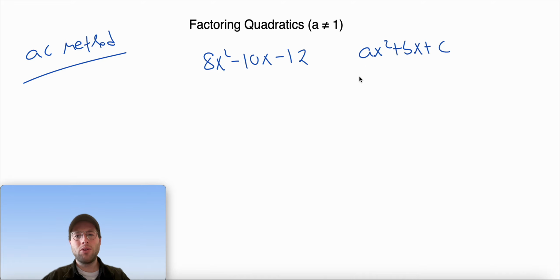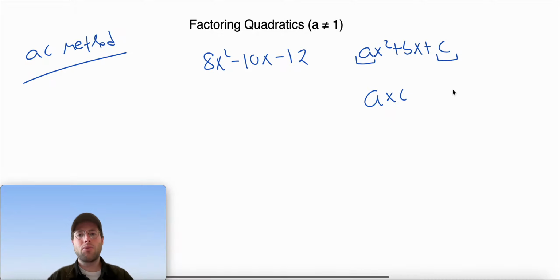What we're going to be doing is looking at the coefficient a and this last term c, multiplying them together and getting some product, and then we're going to try and find two numbers that when we multiply them together we get that product a times c, and when we add them together we get the coefficient b. So let's go ahead and see that in practice.